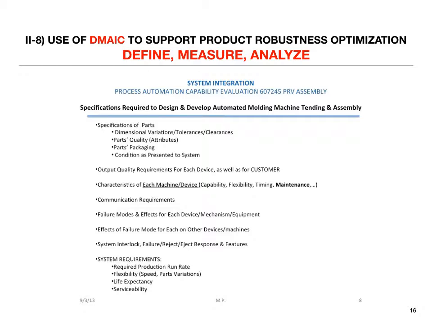Specifications of parts, dimension variations, tolerances, clearances, parts quality attributes, parts packaging, condition as presented to the system, output quality requirements for each device as well as for the customer, characteristics of each machine, device capability, flexibility, timing, maintenance, communication requirements, failure mode and effect of each device, mechanism, and equipment, effects of failure mode for each on other devices and machinery, system interlock failure, eject response and features, and system requirements: required production run rate, flexibility, speed, part variation, life expectancies, and serviceability.